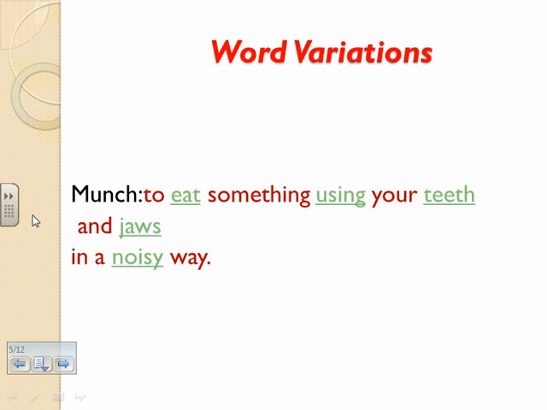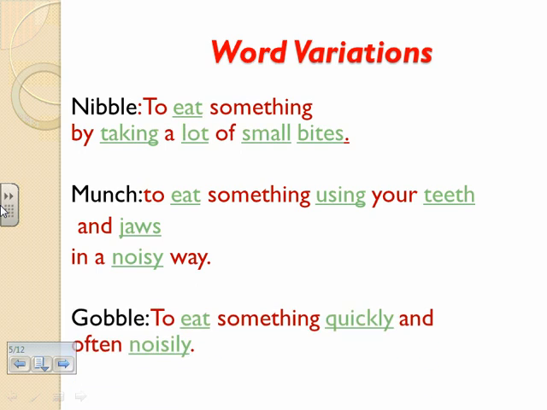We have some word variations. We have different verbs here: nibble, munch, gobble. What's nibble? To eat something by taking a lot of small bites. Munch: to eat something using your teeth and jaws in a noisy way.